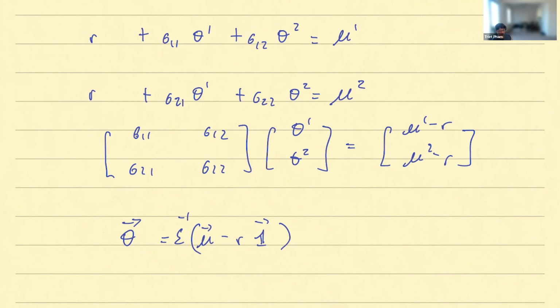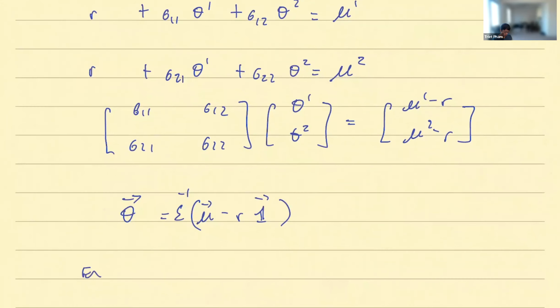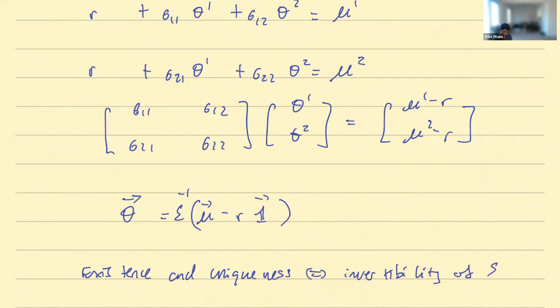It's a multivariate version of that. I mean, of course, right here, I'm already cheating. I'm assuming that I can write sigma inverse, but of course, if sigma inverse doesn't exist, right? So existence and uniqueness exactly has to do with invertibility of sigma, which is this matrix.